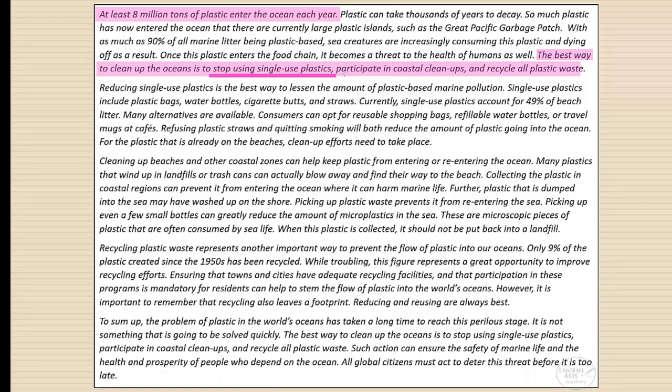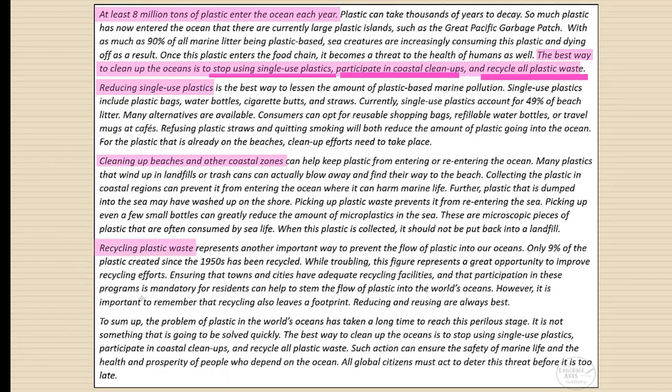That was our first potential solution. Participate in coastal cleanups and recycle all plastic waste. That was the third. And each one of those things got its own body paragraph. There's reducing single-use plastics, cleaning up beaches and coastal areas, and recycling plastic waste.